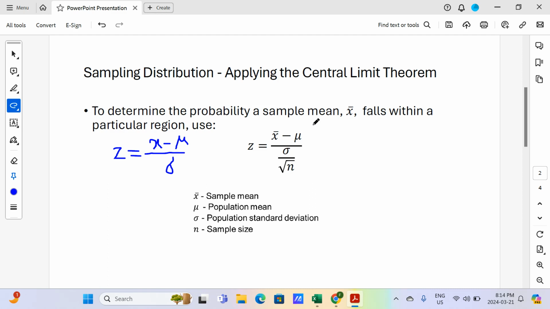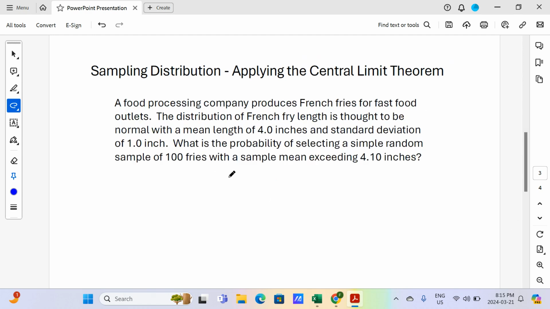So to determine the probability for a sample mean X bar, if you are going to work with Z, standard normal distribution, you need this formula. You need to find the Z value of X bar by this formula. So let's solve this question. Question says a food processing company produces French fries for fast food outlets.